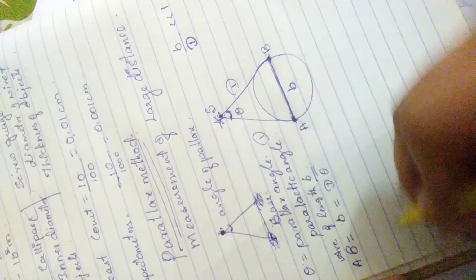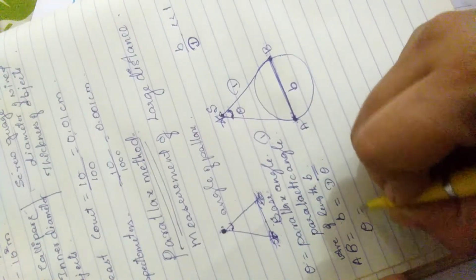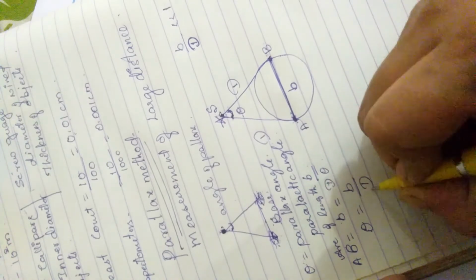So for this angle, theta is equal to B by D.